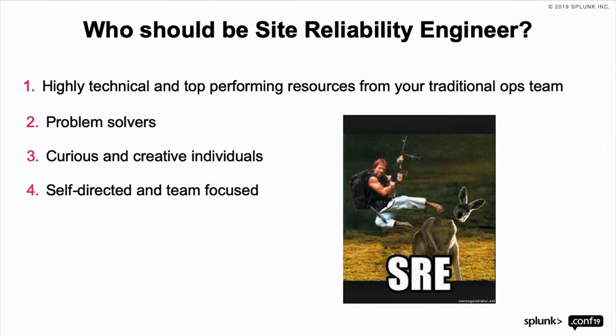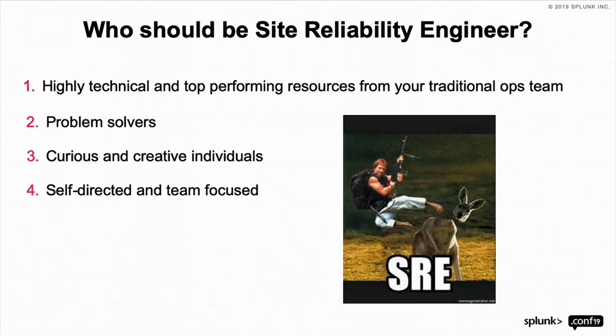Problem solvers, so the people that are actively looking for things to improve, people who are always finding a better way to do things, that's always a good quality to have. Curious and creative, so if you have somebody who you always find them digging through CentOS boxes and looking at code and just proactively figuring out what's going on, that's also a great asset to have in site reliability engineering because it helps you find problems.